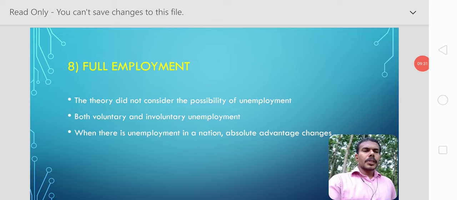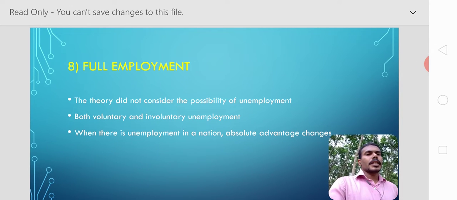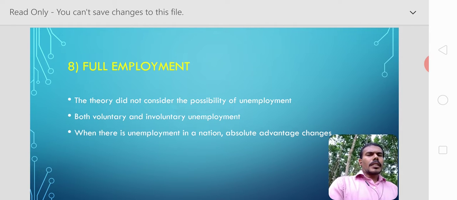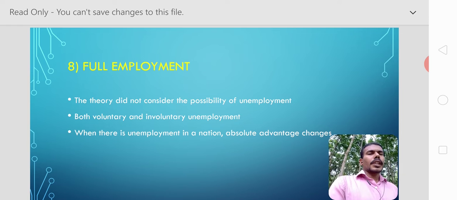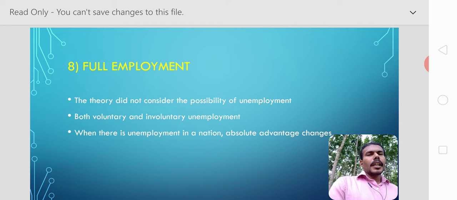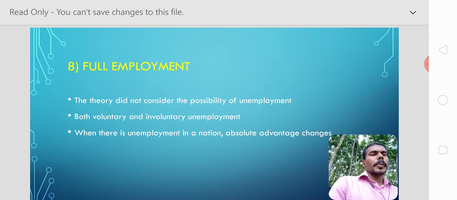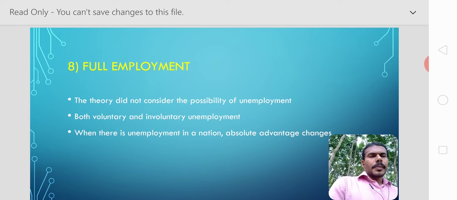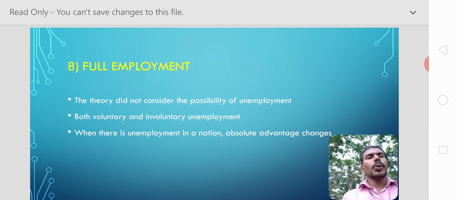So another criticism is on the full employment assumption of the classical economists. This is in fact another unrealistic assumption of the classical trade theory. According to the classical economists, there will not be any kind of unemployment. All laborers will be employed in both nations.